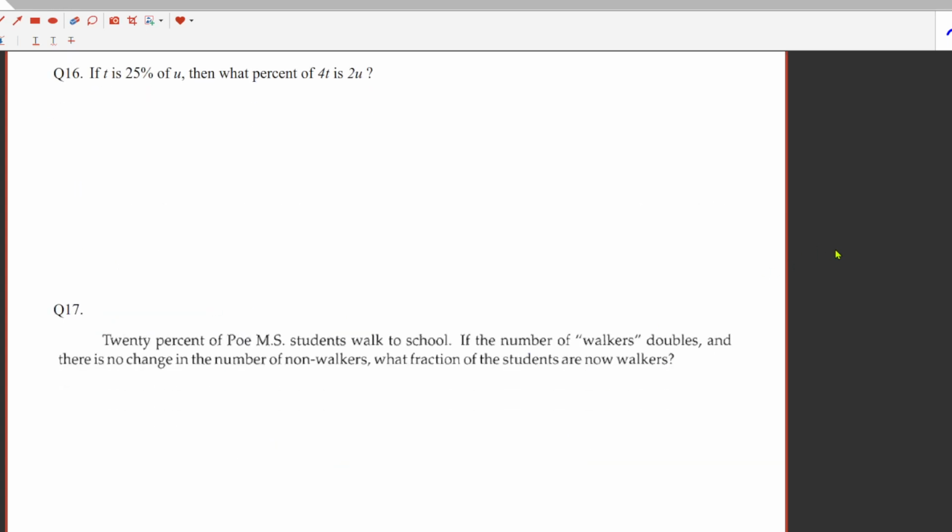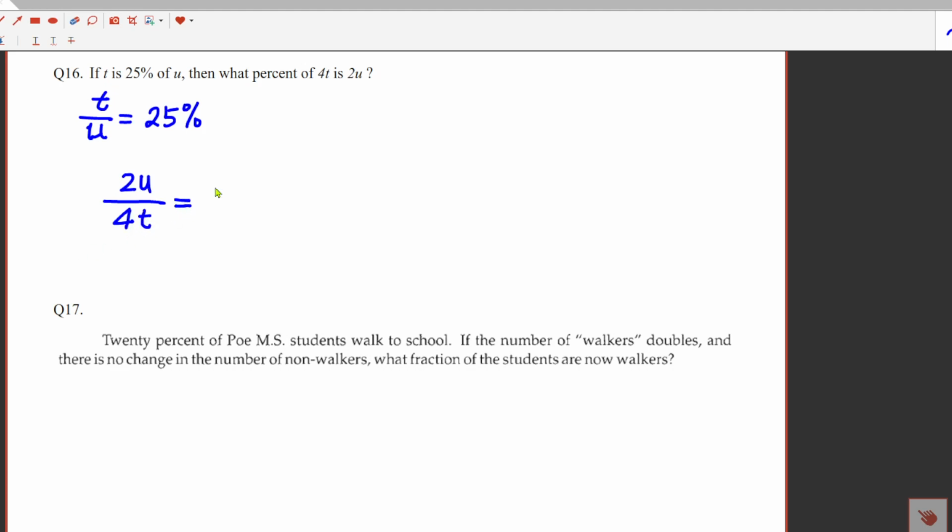If t is 25% of u, which means t over u equals 25%, right? What percent of 4t is 2u, which means you want 2u over 4t in percent.